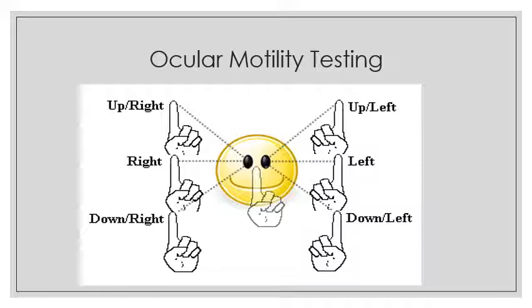Both eyes may be examined together. Another method for examining the ocular motility testing is the command method. In this method, you verbally ask the patient to look to these directions.